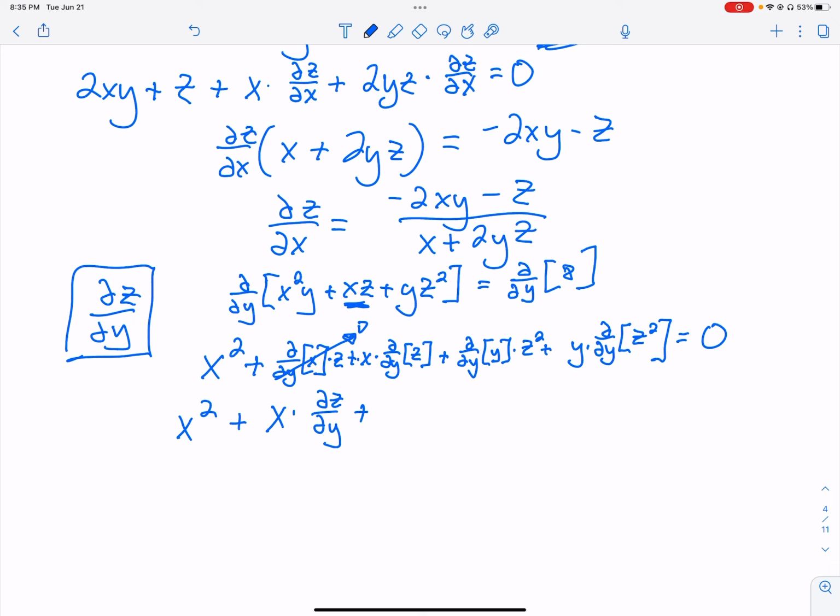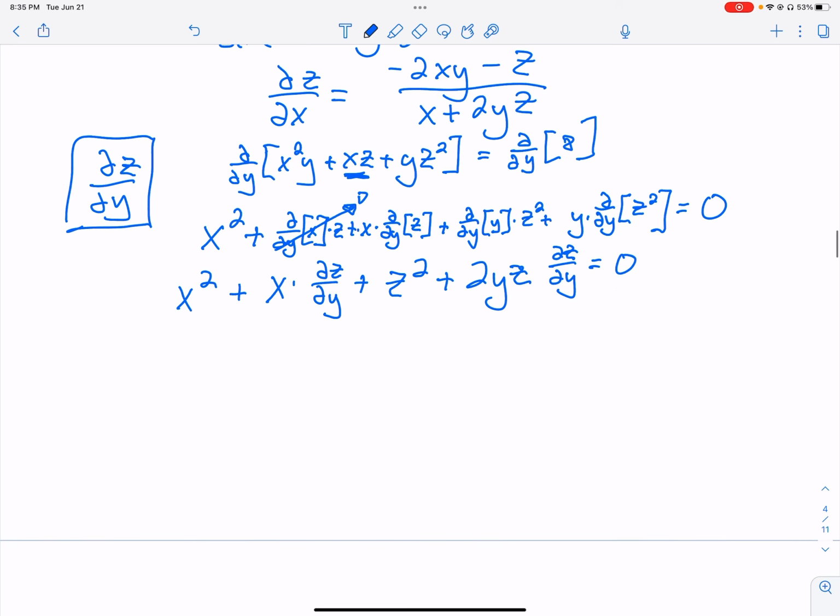The partial of y with respect to y, that's a 1. So we just get z squared. And then plus, the 2, I get 2yz. And then now it's the partial of z with respect to y there. Same type of thing. I have two partials of z with respect to y. So I'm going to group those together and factor it out.